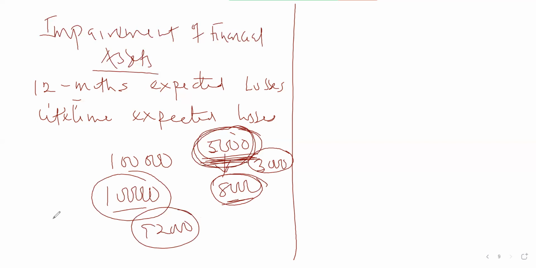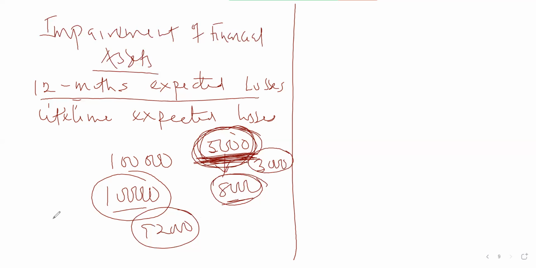So the first time that you are doing the provision, we use 12 months expected losses if the risk is not significant. So if the risk is not significant, we make provision for 12 months expected losses. These particular losses will be treated as a profit or loss, and also as a contra liability in the statement of financial position.